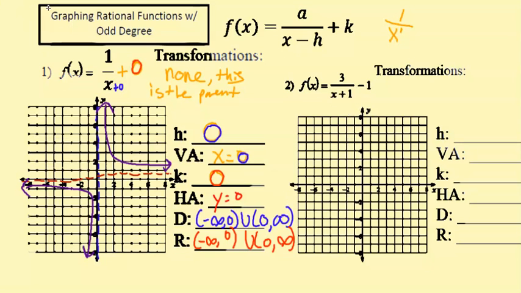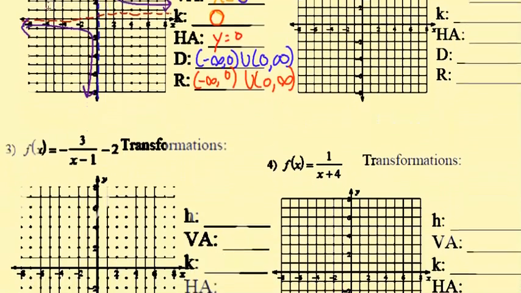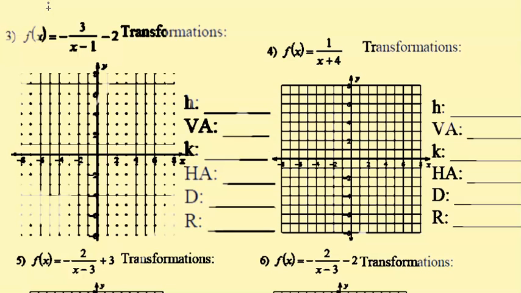Let's look at another one. Let's look at number 3. So we have f of x equals negative 3 over x minus 1 minus 2. Your transformations, well, you have a negative here, so it reflects.